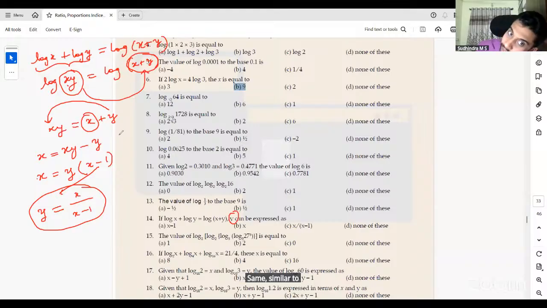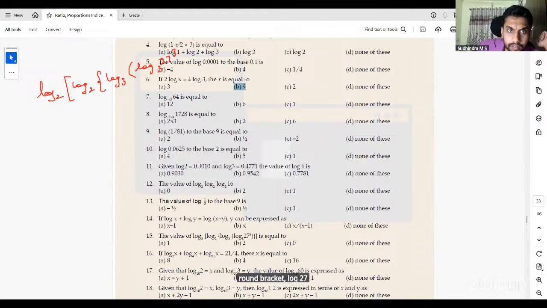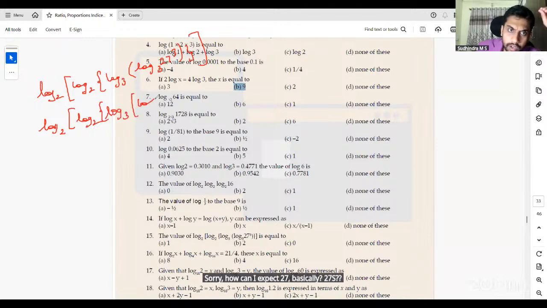Similar to question number 12 that we solved, correct? We have log 2, square bracket, log to the base 2, flower bracket, log to the base 3, round bracket, log 27 cube to the base 3. Close and close. How can I express 27 basically? 27 as 3 cube. 3 cube the whole cube to the base 3, correct?